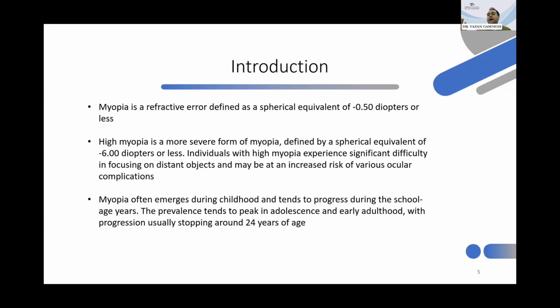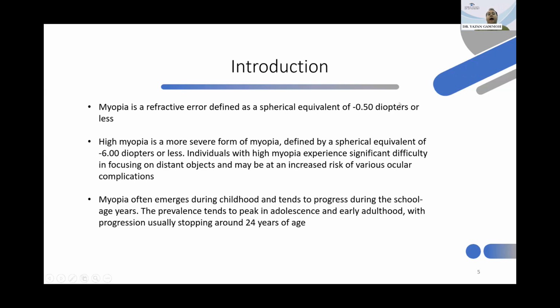If we set the limit as equal to or less than, it will be different than less than half a diopter, or some researchers set it as a quarter diopter or even one diopter of myopia. Some use the spherical equivalent, some use cycloplegic, some use non-cycloplegic refraction. And as Dr. Alex showed us, it does show a significant difference based on the method you use. So this is something you need to bear in mind.